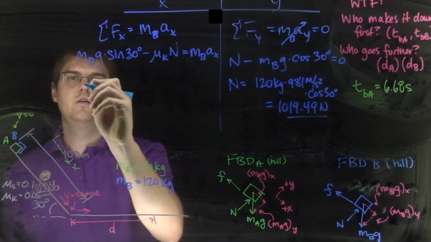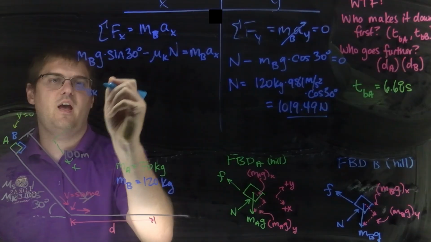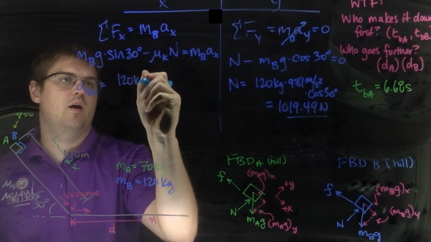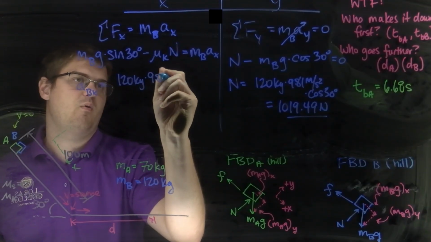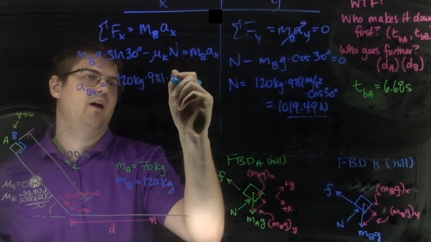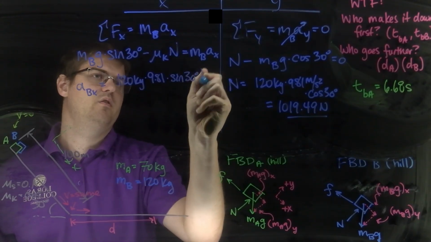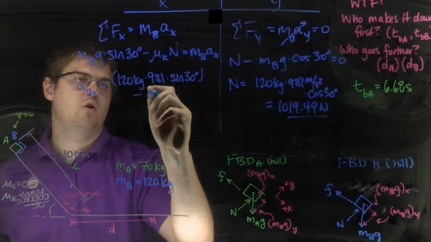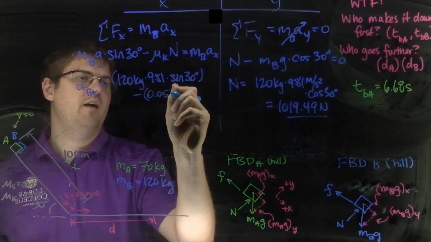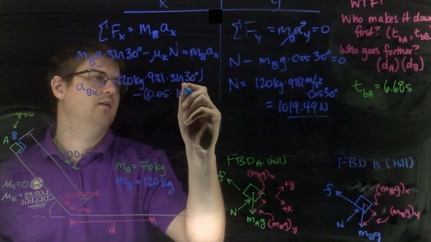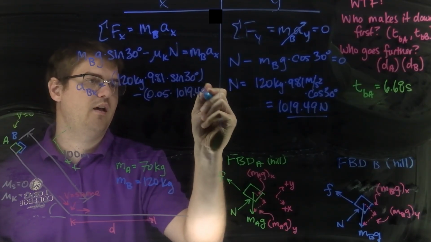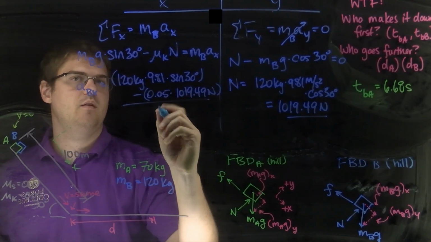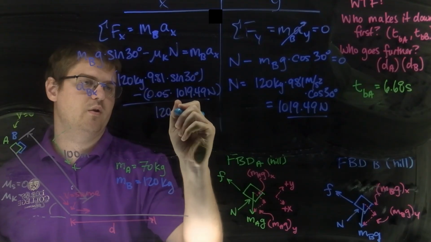Plugging everything in, acceleration of B in the X is going to be equal to the mass of B, 120 kilograms, times 9.81 times the sine of 30 degrees, all that minus mu k, so that is 0.05 times my normal force, 1019.49 newtons, all divided by my mass, which was 120 kilograms.